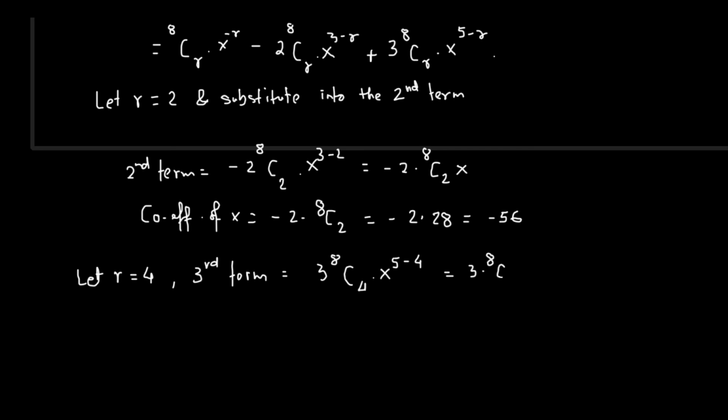So this gives us 3 times 8C4 times x. Therefore the coefficient of x will be simply equal to 3 times 8C4, which is equal to 3 times 70, which is equal to 210.